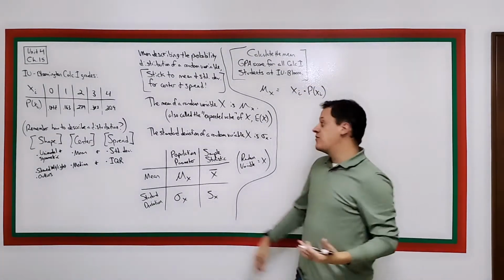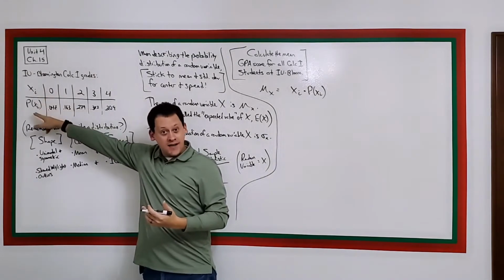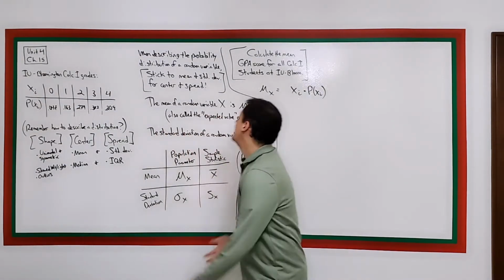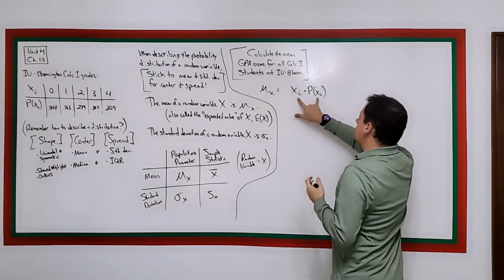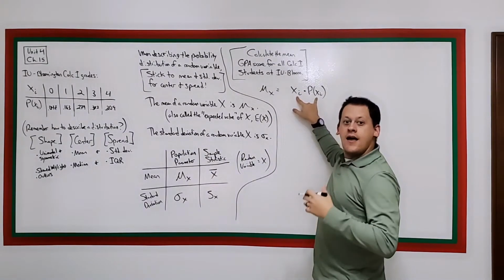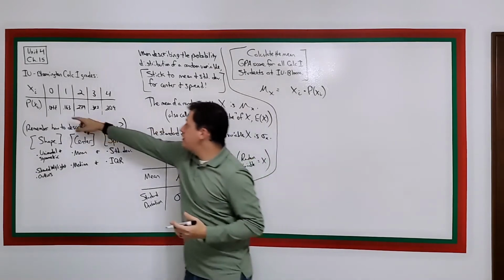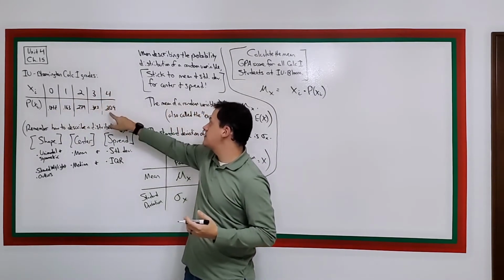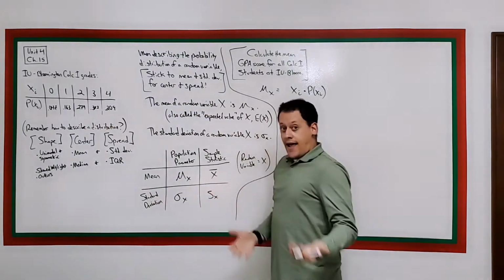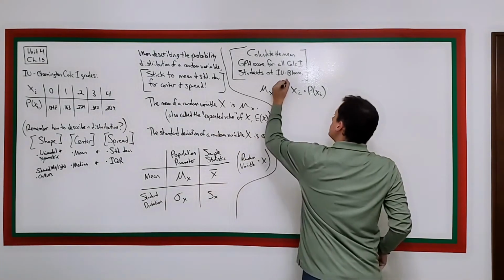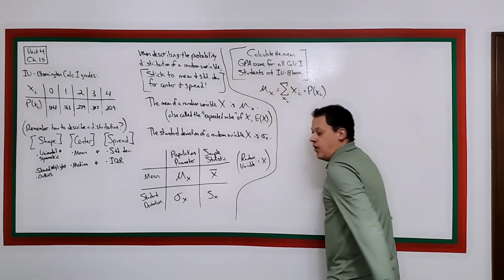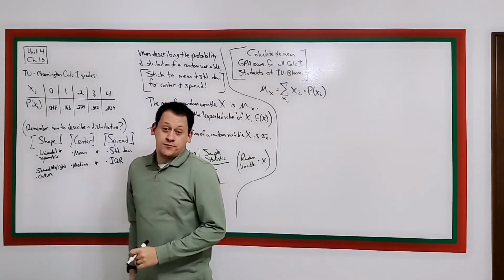Okay, so this is another reason we introduced the xi notation here, because in the formula, that's how it's looking. So we're going to take those, we're going to multiply. So we're going to get a product for each of these. We're going to do this times this, this times this, this times this, this times this, and this times this. We're going to add up all those products over all of the xi values.